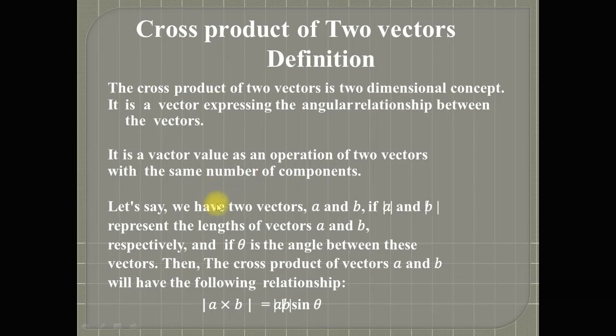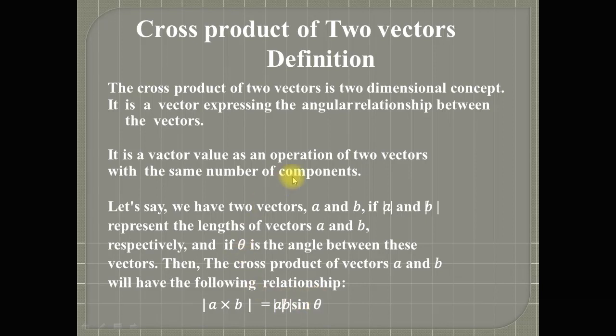Let's say we have two vectors A and B. If magnitude of A and magnitude of B represent the length of vectors A and B respectively, and if theta is the angle between these two vectors, then the cross product of vectors A and B will have the following relationship: magnitude of A cross B is equal to magnitude of A times magnitude of B times sine theta.